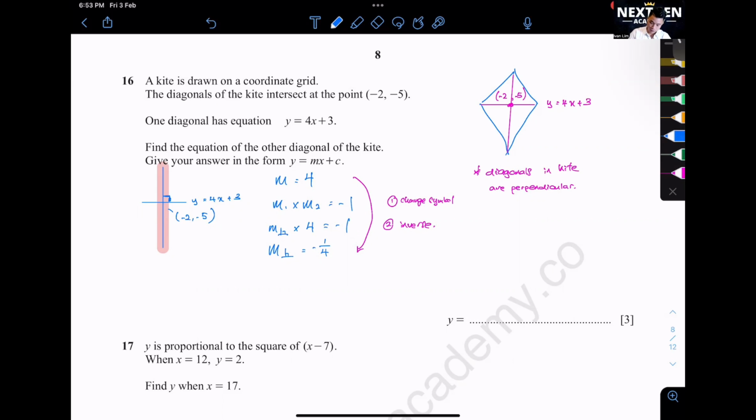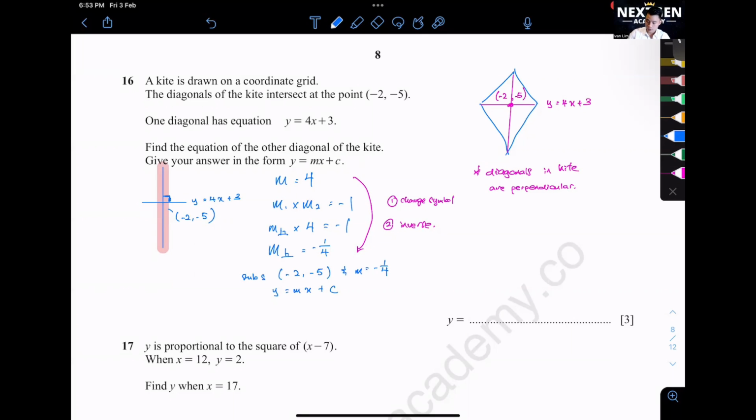Now we got this, then what do we do? We want to construct the equation y equals mx plus c. So we substitute (-2, -5) and m equals -1/4 into y equals mx plus c. We need to find the c value.